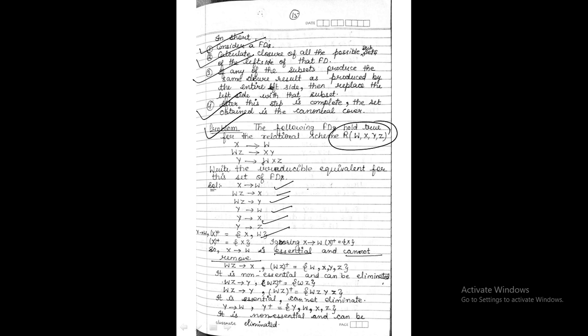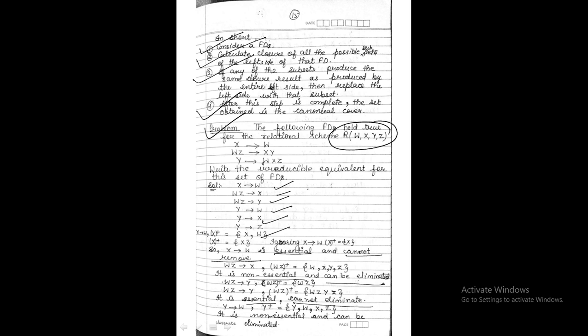WZ implies X: when we find its closure, we find WXYZ. It's non-essential and can be eliminated because WZ implies Y. From WZ, the closure is WZ, and for WZ implies Y, we find the closure WXYZ, and it is essential and cannot be eliminated.